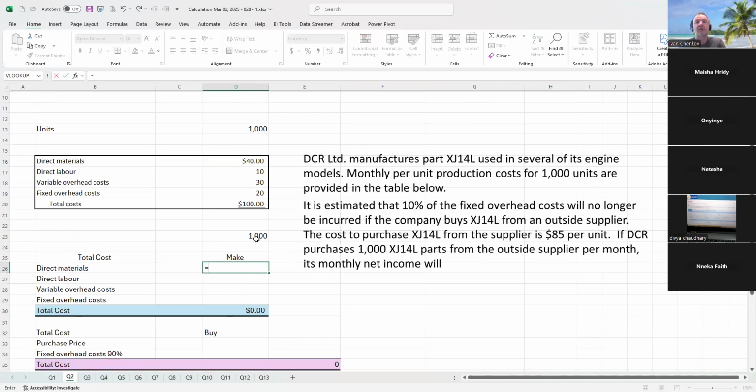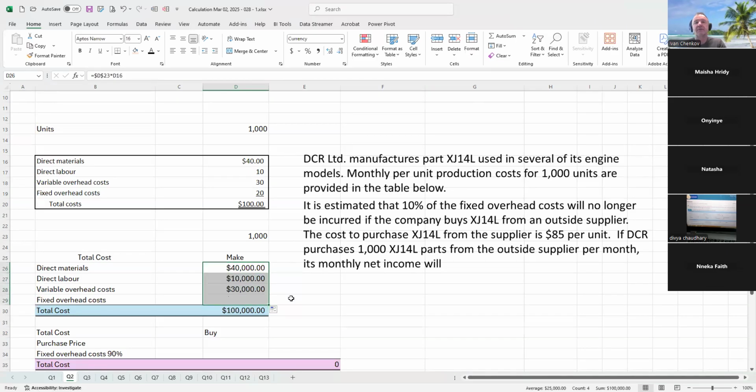Well, the total will be 1,000 times $40. That's $40,000. And then I can drag and find out my total cost. So if I make those 1,000 units, it's going to cost me $100,000, because it will be 40,000 for direct material, 10,000 for direct labor, 30,000 for the variable overhead, and 20,000 for the fixed overhead.